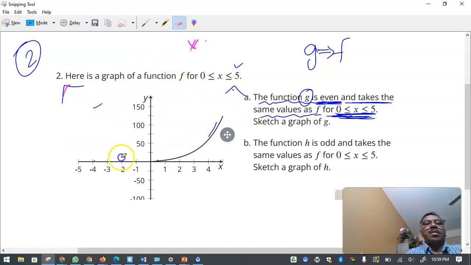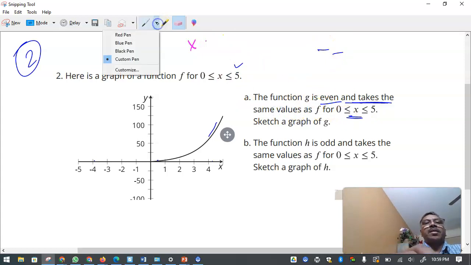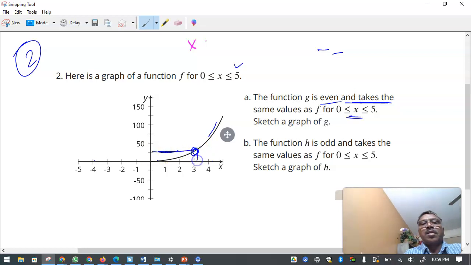But in the second case, if you want to make it an odd function, how do I change it? Let's take one point right here, which is 3, and maybe this is like 3 and 25, so I have to go to the other side as minus 3.